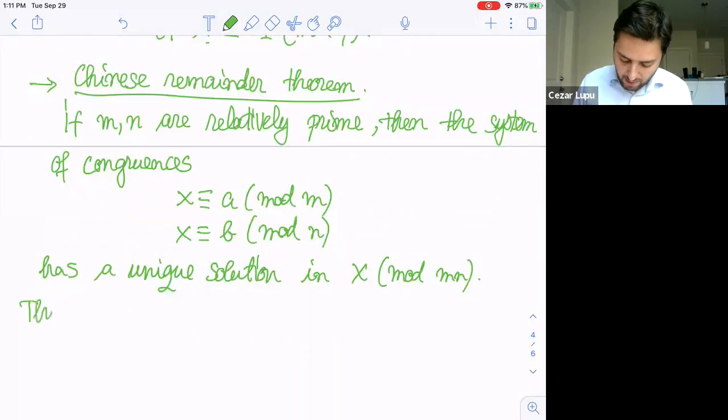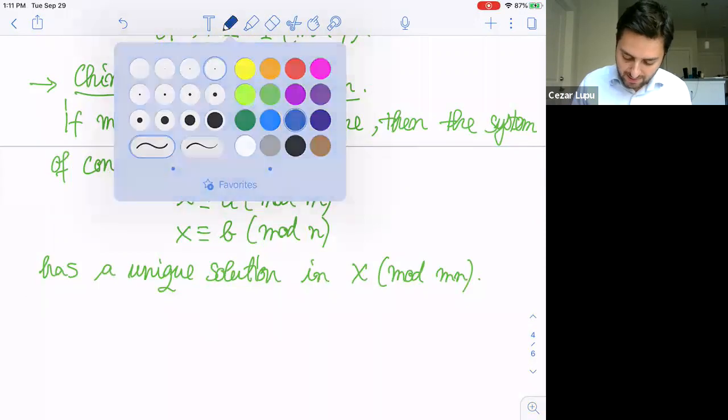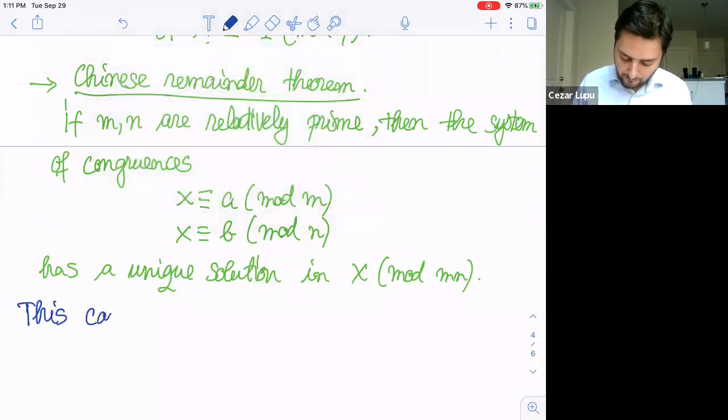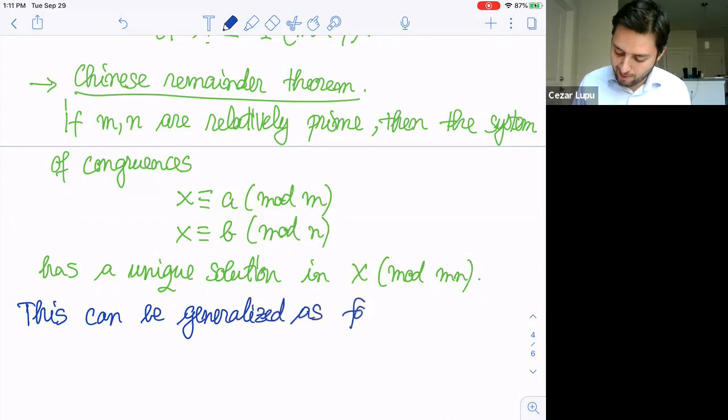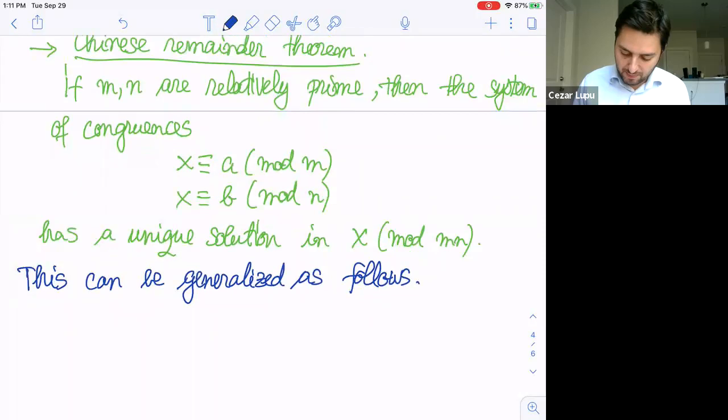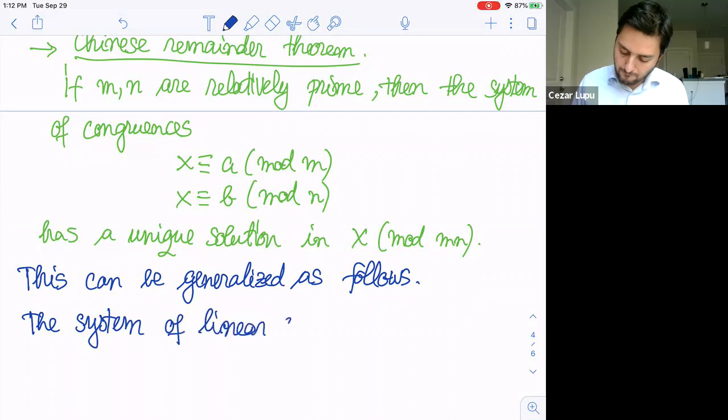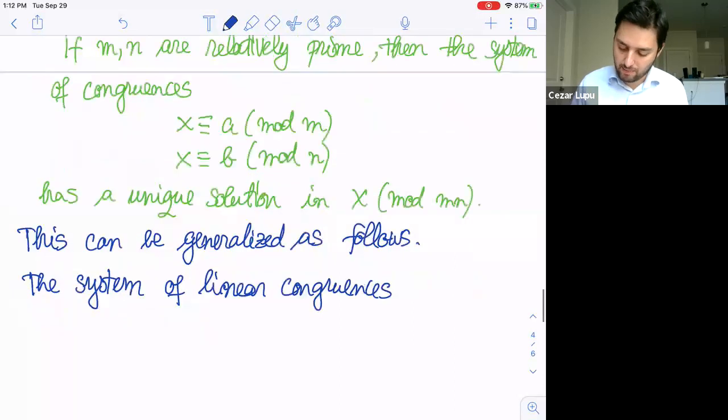So this can be generalized as follows. The system of linear congruences, instead of 2, we're going to have n now.